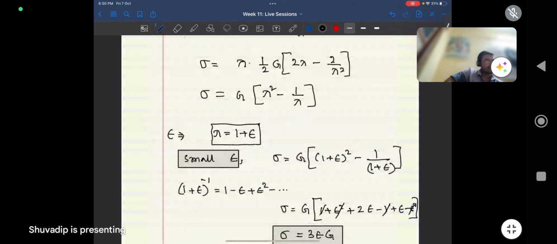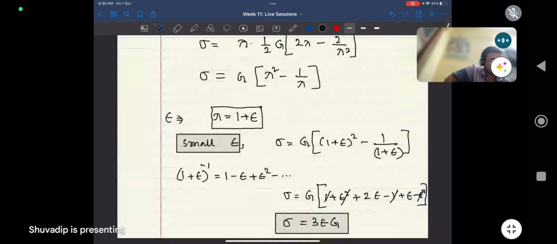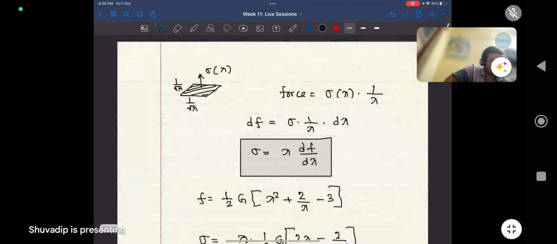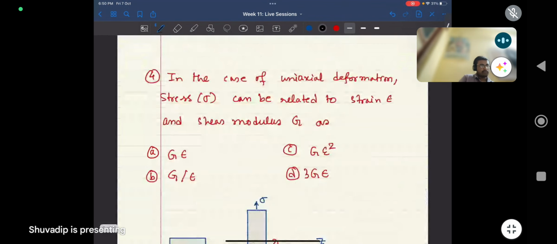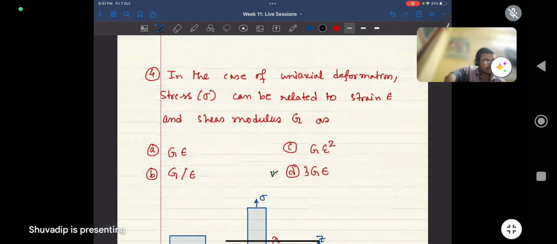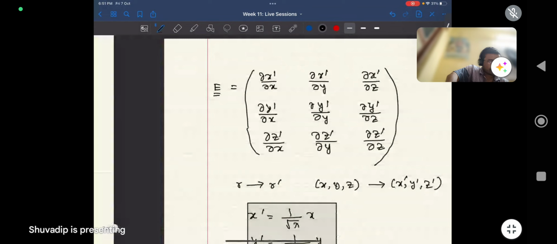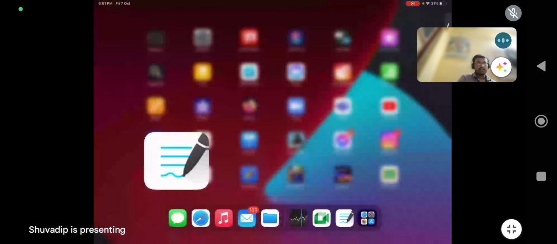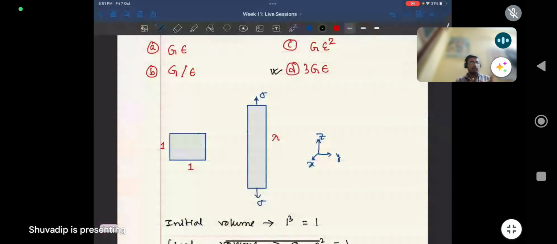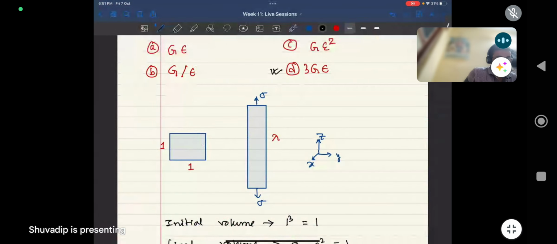So in this particular question, we were trying to calculate the relation between sigma by g and epsilon, and that relation comes out to be this. First we took a volume element and considered that only along the z axis there is a stress acting and deformation is along the z axis.